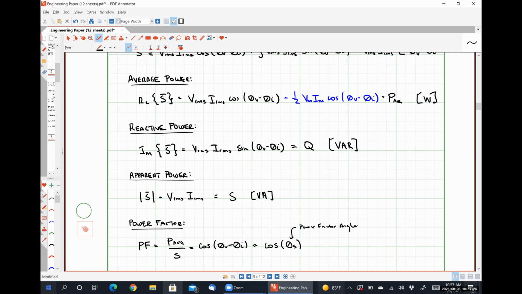So it costs an electric utility money in multiple ways to generate average power, or excuse me, apparent power, right? So it might be that they have to burn more coal to generate that apparent power. It might mean that they have to bring more hydroelectric plants online to generate that apparent power.